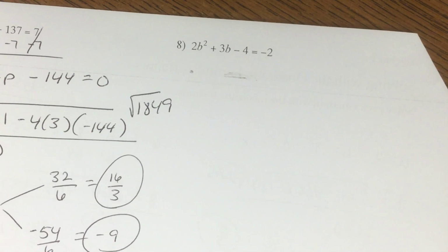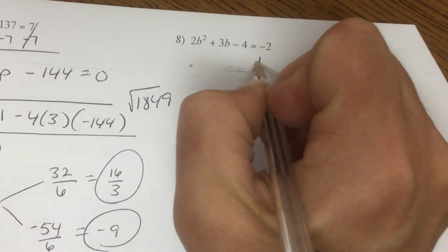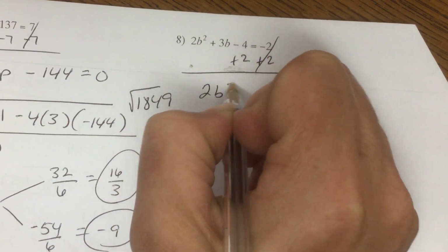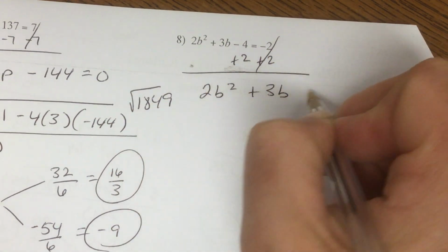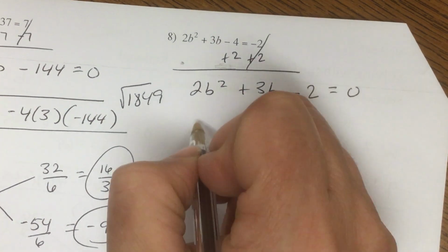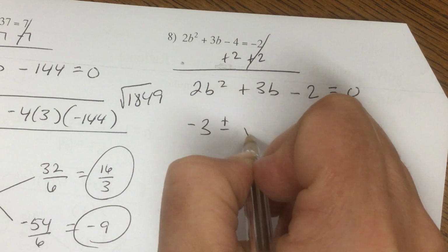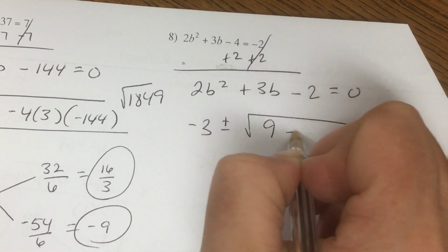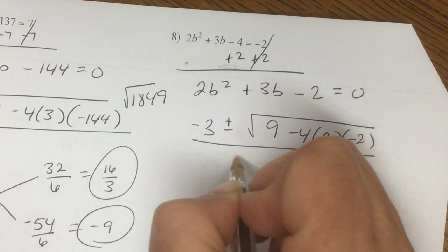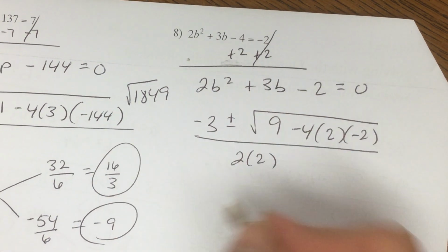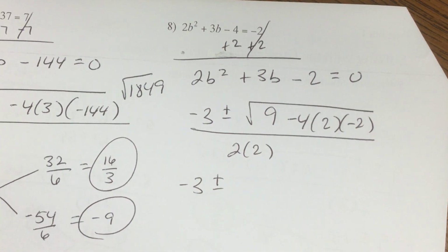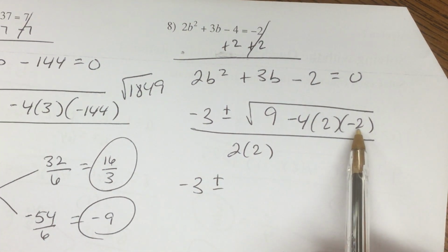Okay, on number 8, I need to start by adding 2 to both sides. So I have 2b squared plus 3b minus 2 equals 0. So negative b plus or minus radical b squared minus 4ac all over 2a. Negative 3 plus or minus, and I do 9 plus 16, okay?